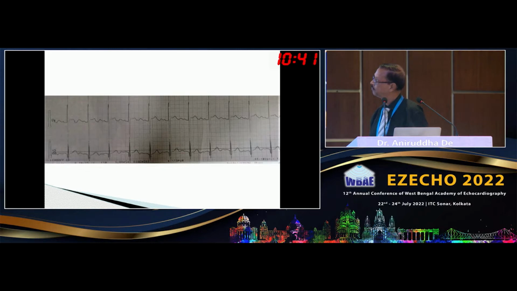This is in V3, V4. Is this a U wave seen? See, the T is abnormal. The way the T is falling, the descending limb is abnormal. U is abnormal, so there is a definite repolarization abnormality.